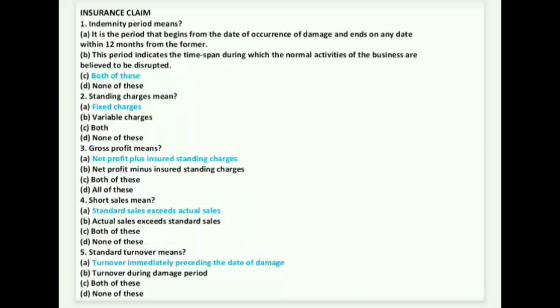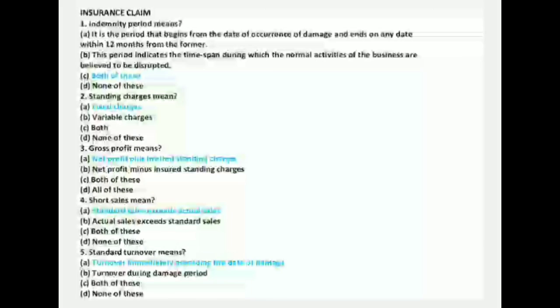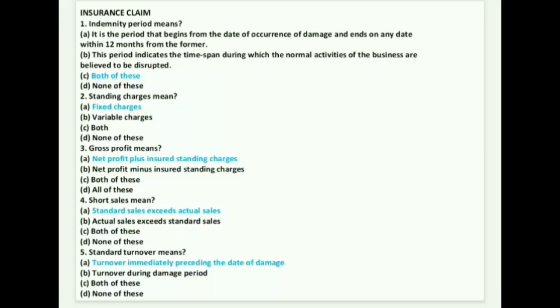Okay, now let's talk about insurance and claim. Let's discuss insurance and claim. So well, the question is, indemnity period means what? It is a period that begins from the date of occurrence of damage and ends on any date within 12 months from the former. Second option: this period indicates the time span during which the normal activity of the business is believed to be disrupted, or both of these, or none of these.